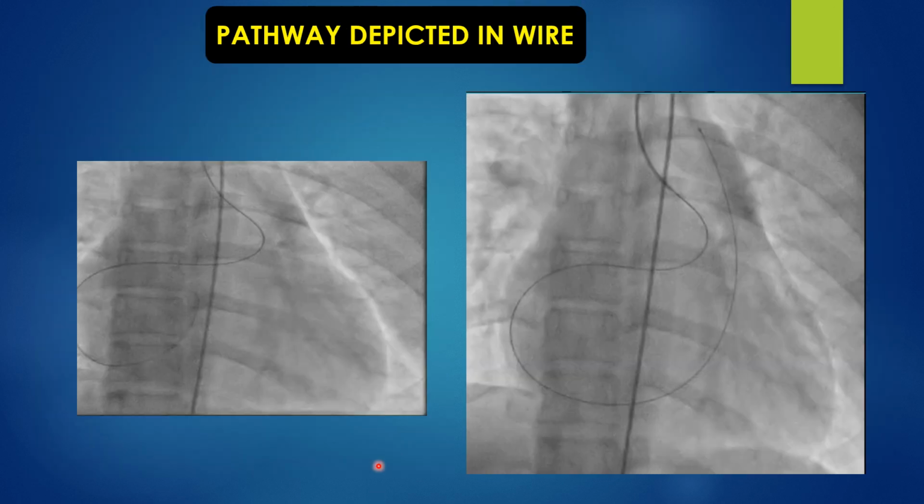This better depicts the pathway in which the left coronary and the fistulous tract is seen. This is a tract entering into the right atrium and into the right ventricular outflow tract and the pulmonary artery. One better use of the catheter angio is that we'll be able to see the entire course when we use a microwire and a microcatheter combination to depict the pathway.